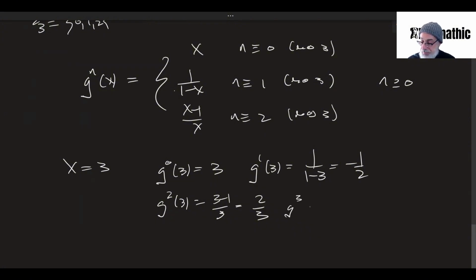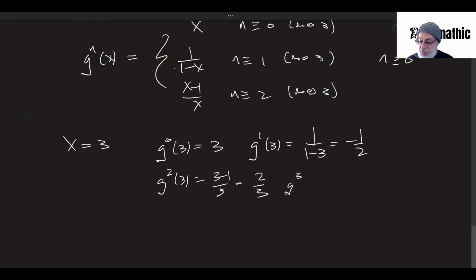What's g of 3? That's g of 0 again, right? So in other words, g of 3 is equal to g composed with g squared of 3, that's 2/3.